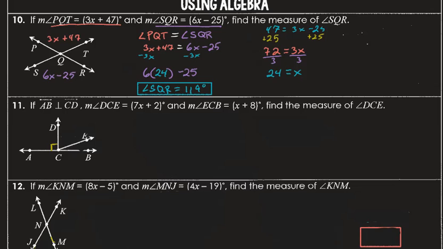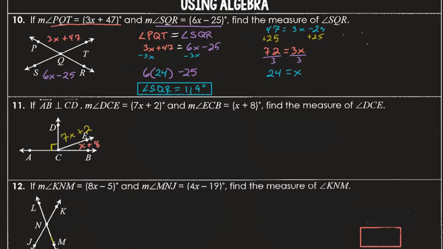The measure of DCE is equal to 7x plus 2. The measure of ECB is equal to x plus 8. In this example, we have a pair of complementary angles, which means the sum of their measures is equal to 90 degrees.